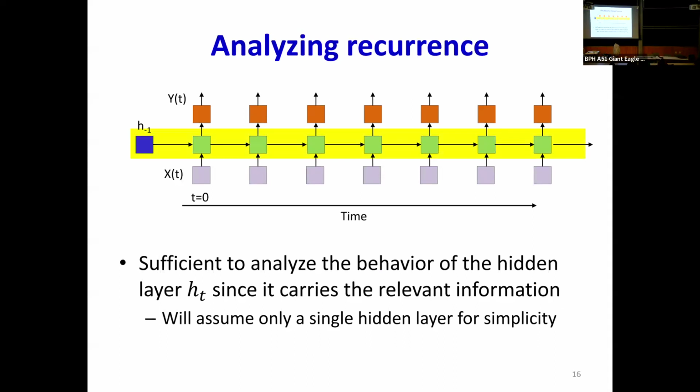And to analyze how it behaves, it's sufficient for us to look at where the network actually differs from a convolutional network. And it differs in the recurrence, in the hidden layer, where the input passes through time. And now for my analysis, I'm going to assume that there's only one hidden layer, but the logic extends to any number of hidden layers.